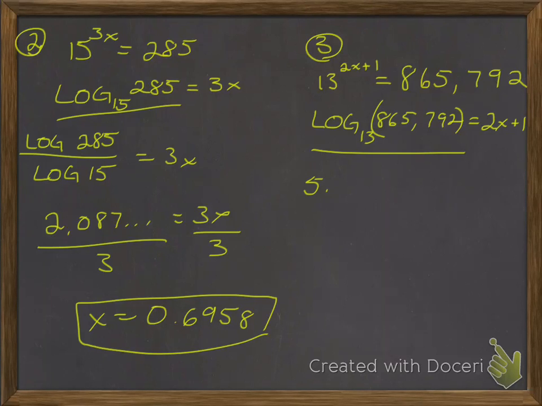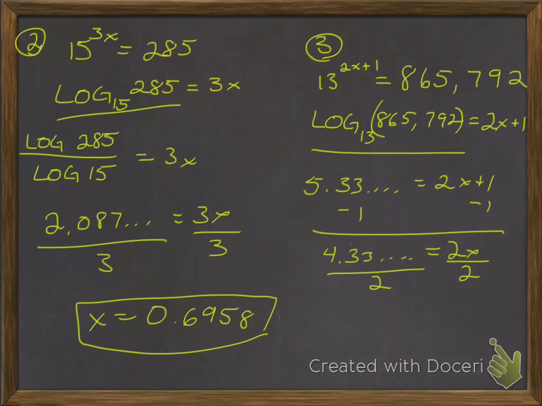and you get 5.33. Again, keep it in the calculator because I need to round to the nearest 10 thousandths. Subtract 1, that's going to be 4.33 and so on, and divide by 2, and x is approximately equal to, because I'm rounding, 2.165.